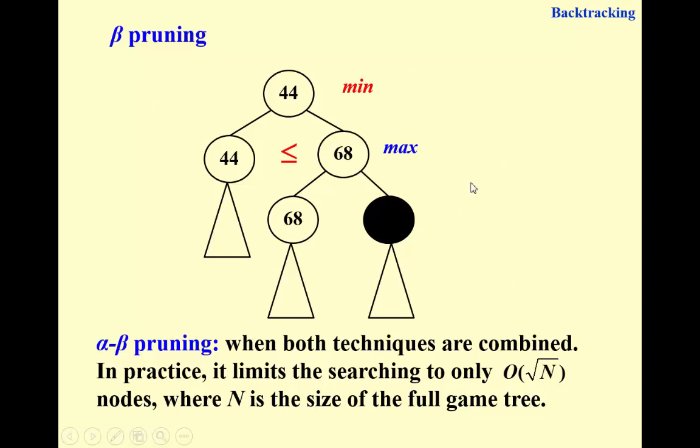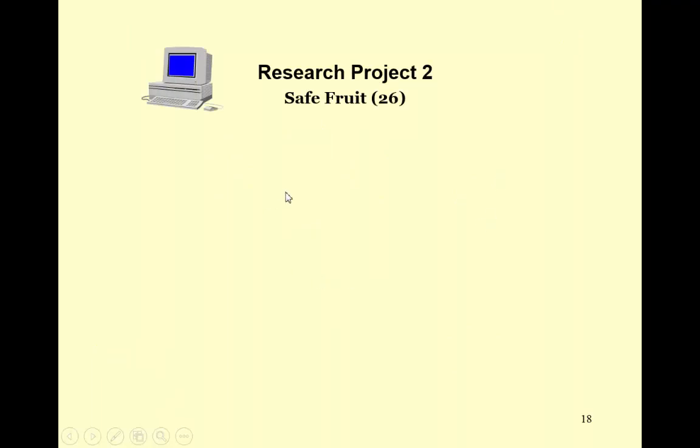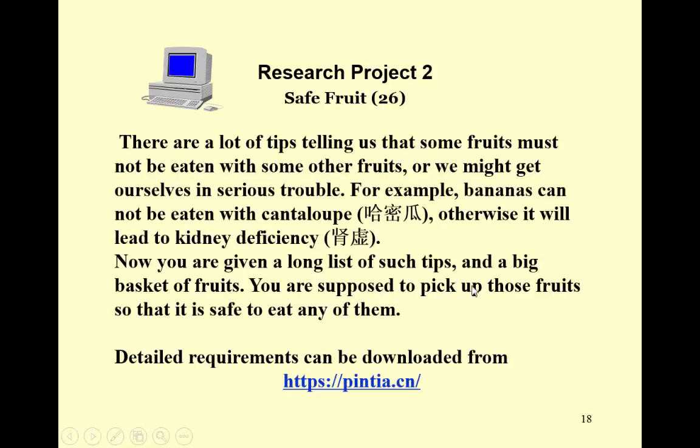All right, so much for backtracking, and you're supposed to have your second research project. It's about safe fruit. The story is that there are some tips telling us that some of the fruits cannot be eaten together, otherwise it will cause serious problems.